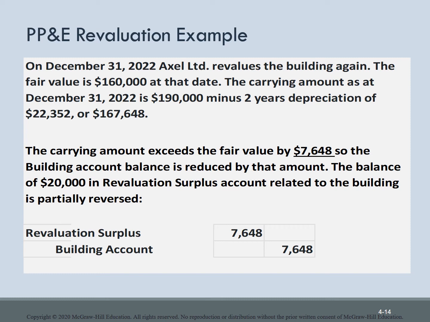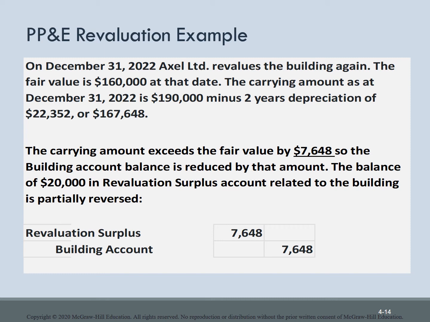All right, so that was all at the end of 2020. So in 2021, we would have recorded the revised depreciation amount, and we would have done the same thing again in 2022. At the end of 2022, the fair value is $160,000.